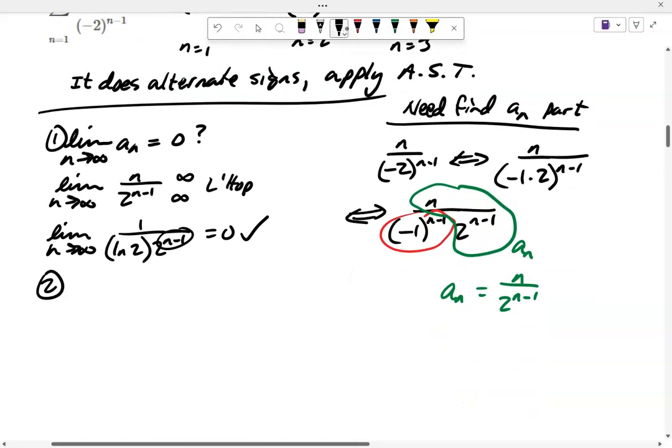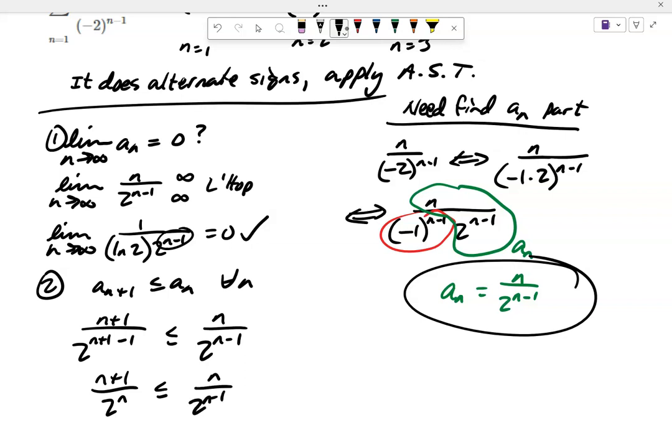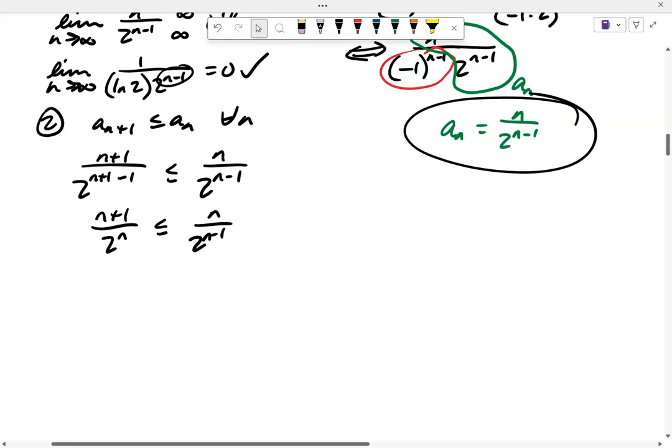Then the second question is, is this true for all n that we have? Remember, we have a_n is n over 2^(n-1). So a_(n+1) is n plus 1 over 2^((n+1)-1), so I got n plus 1 over 2^n. Is this true?